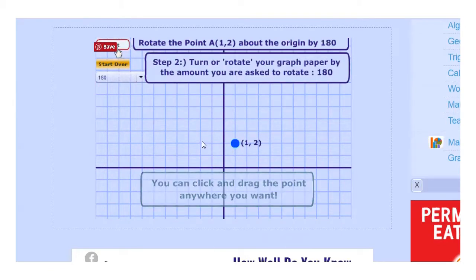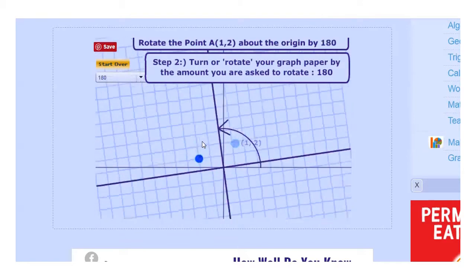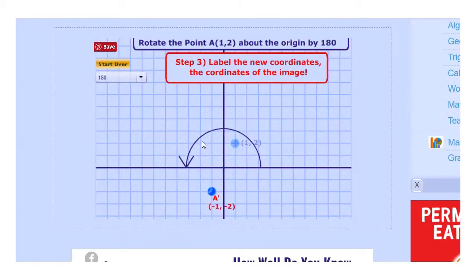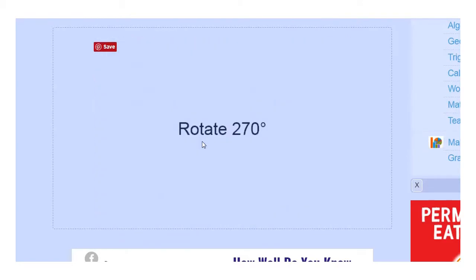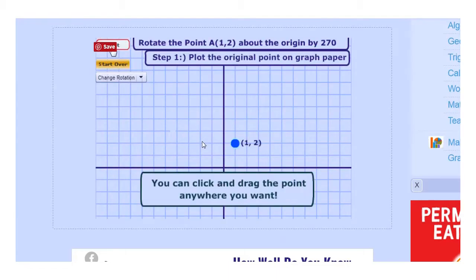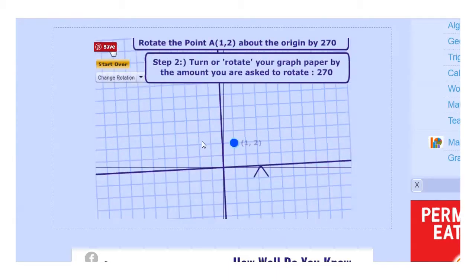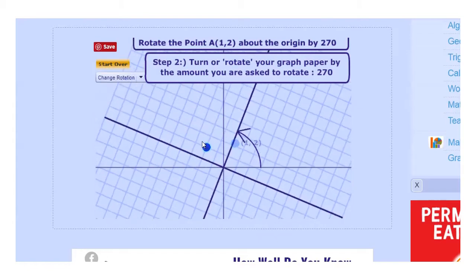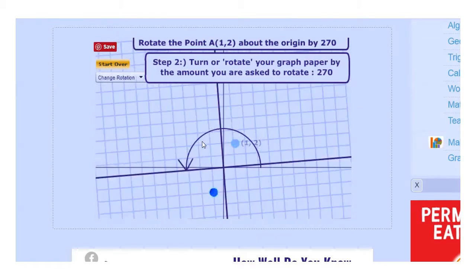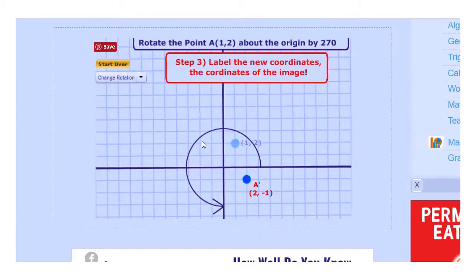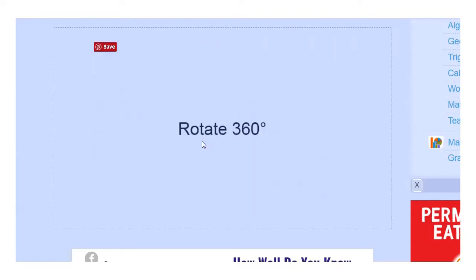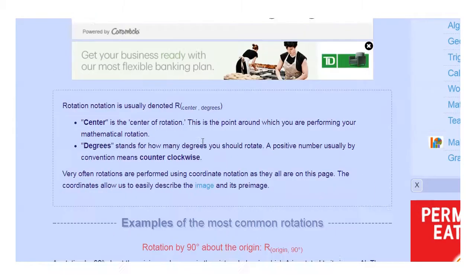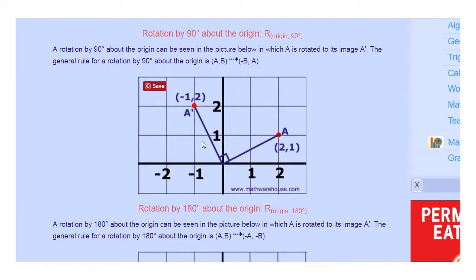So they would say counterclockwise 180 degrees. Now they're going to rotate 270 degrees, again counterclockwise. So they took that original point, swiveled it around, and made it a new home. So just imagine that a triangle was attached to that. Or in this case we have 2 lines.